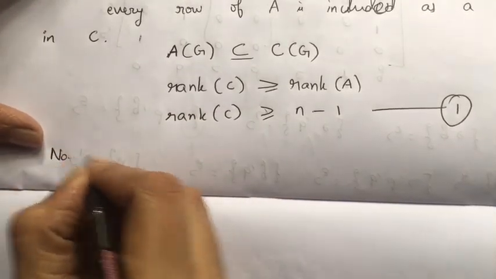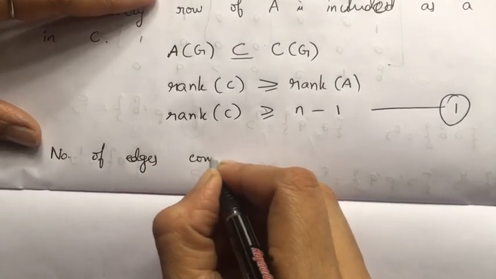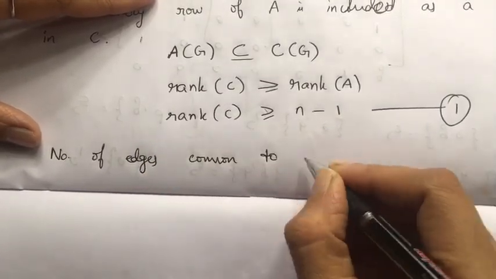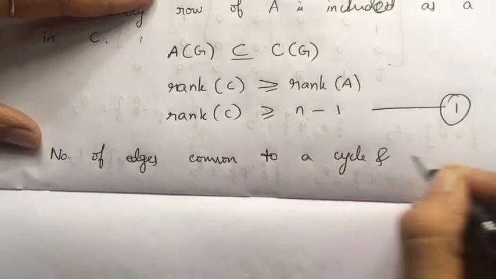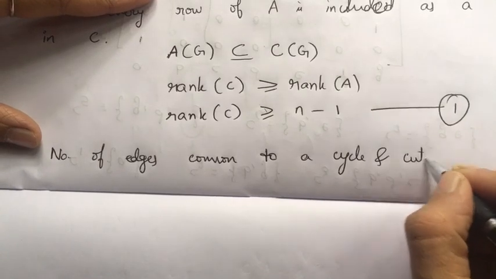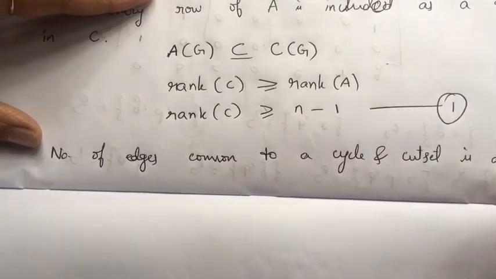The number of edges common to a cycle and a cut set is always even.